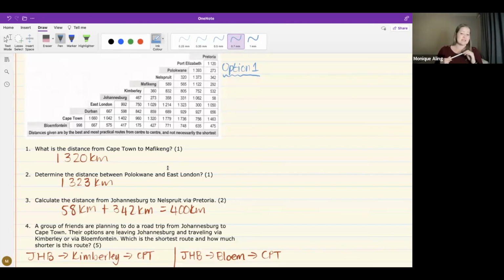How many kilometers is it shorter by? Okay, so let's have a look. Bonang, yes, that's the answer I'm looking for. Yes, Namusa, yes.